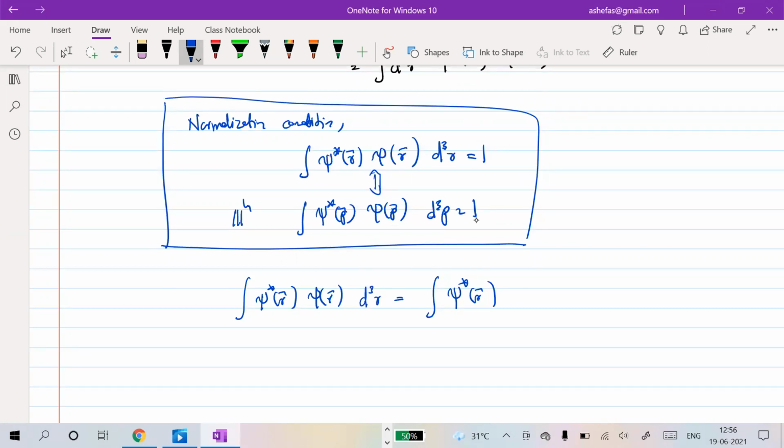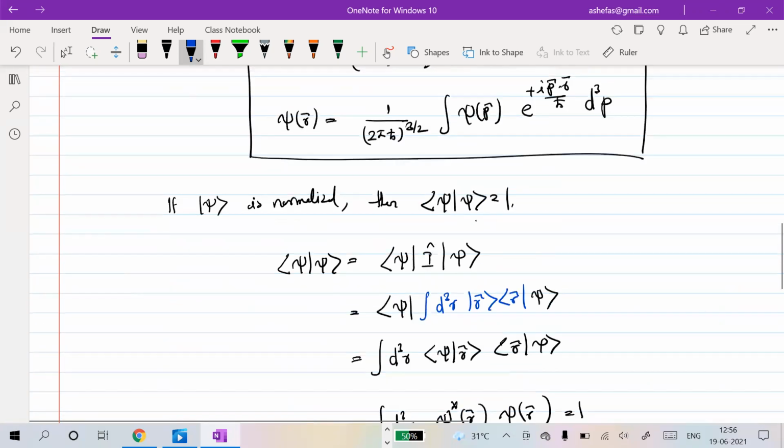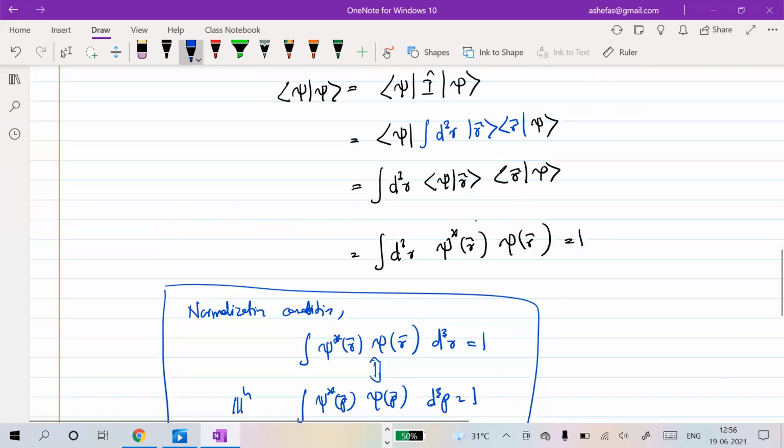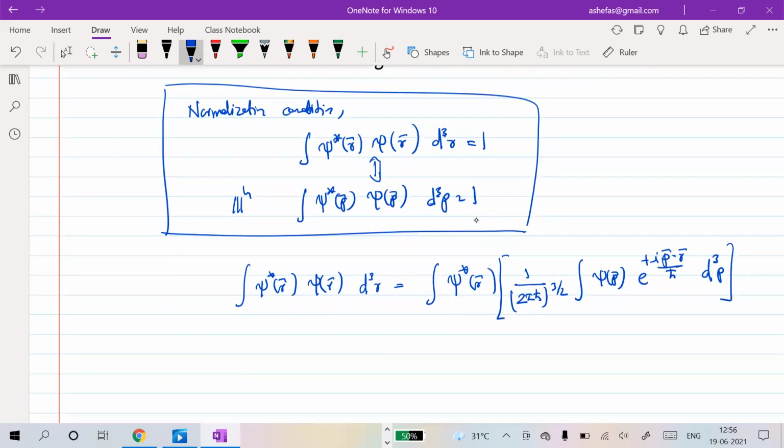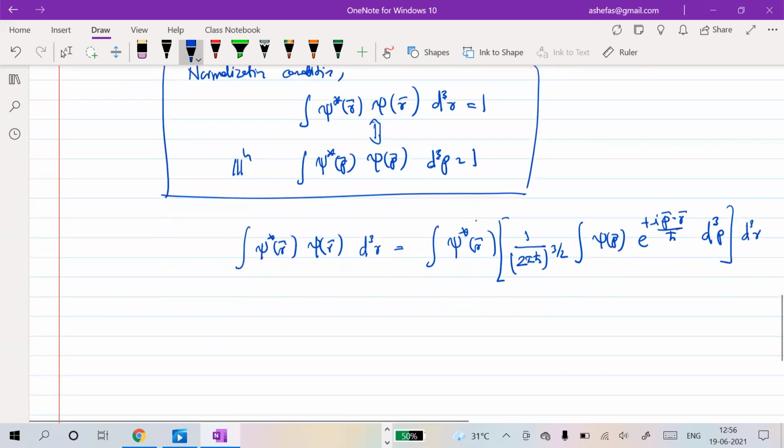How can we represent ψ(r)? ψ(r) can be written as 1 upon (2πħ)^(3/2) integral ψ(p) e^(+i p·r/ħ) d³p. So it is possible to write ψ(r) in this particular way, times d³r.